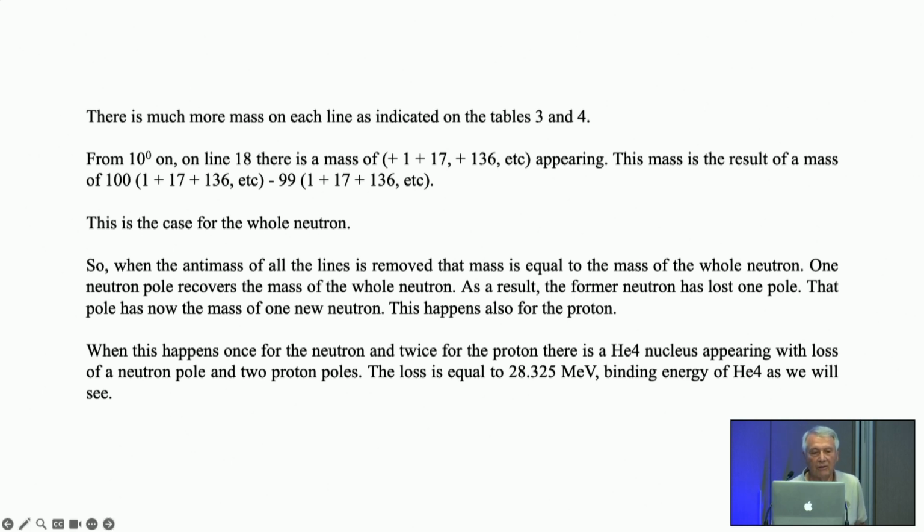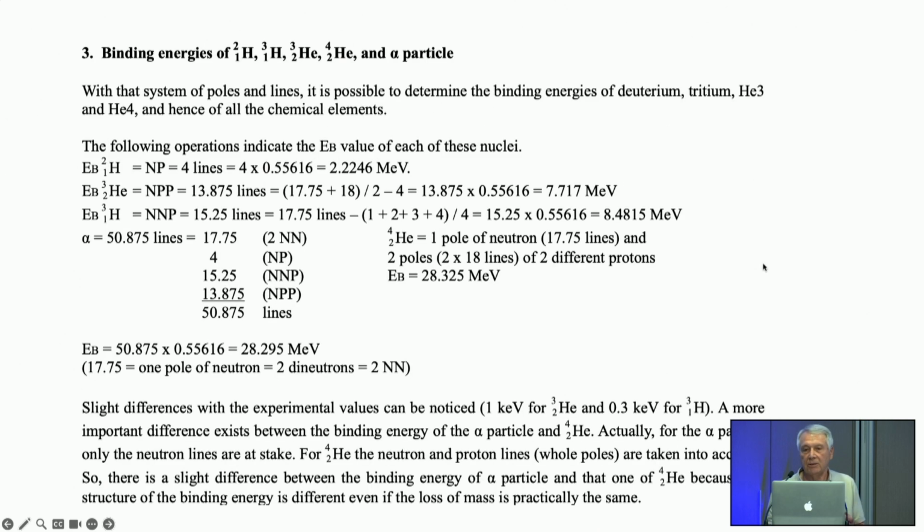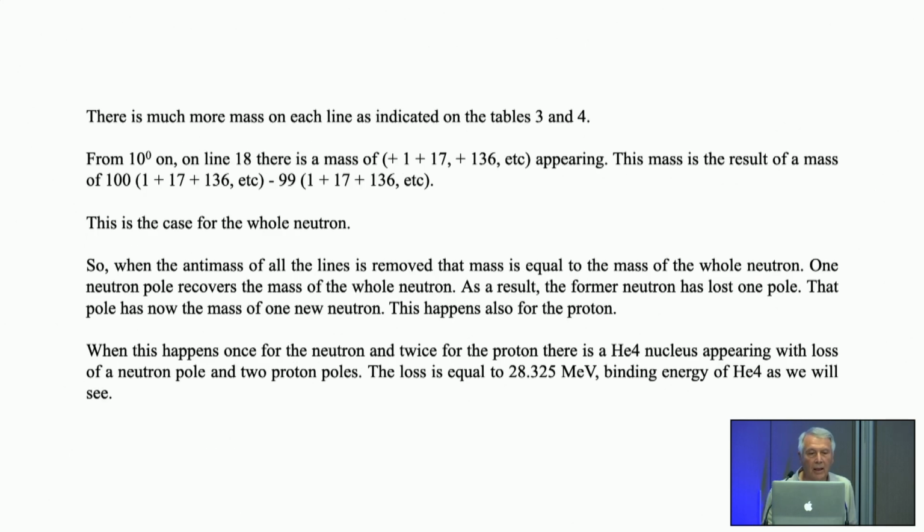And the system of massification, demassification is reducing it to 1%, as I said. This is the case for the whole neutron, actually. So when the antimass of all the lines is removed, that mass is equal to the mass of the whole neutron. We could recover the mass of the whole neutron. And this is very important, as we will see. And only for the poles, of course, not for the core.